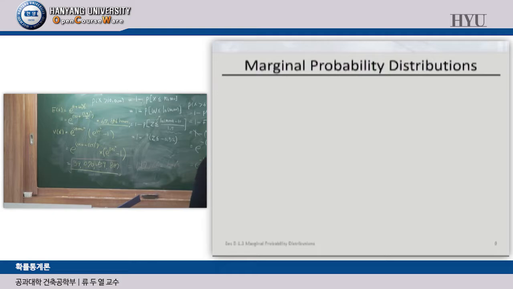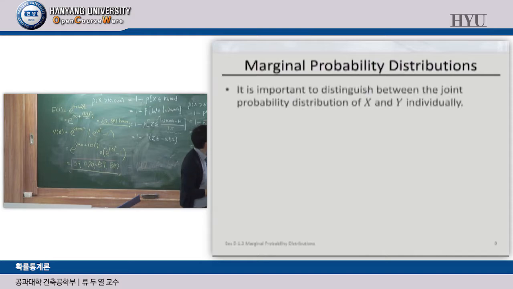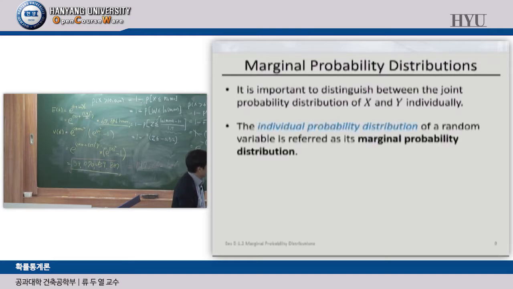And based on the joint probability distribution, we can also think about the marginal probability distributions. It is important to distinguish between the joint probability distribution of x and y and the distributions of x and y individually. The individual probability distribution of a random variable is referred to as its marginal probability distribution.